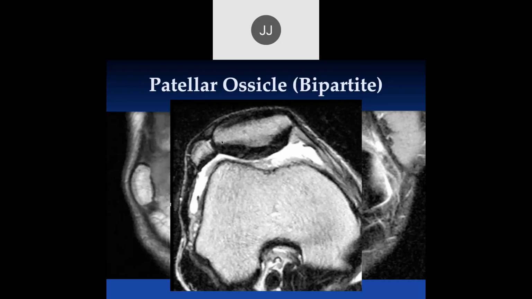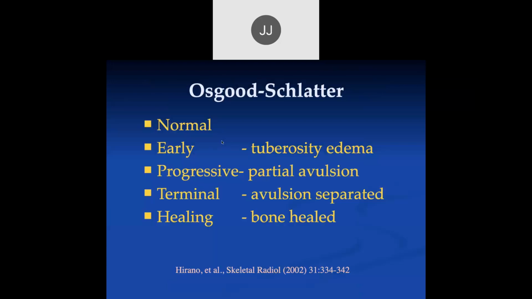The results are pretty good if you excise it properly. It's a shelling procedure. You shell it out and reattach the tendon to the patella. Most of these in my experience are kind of left alone, but if they're symptomatic, then you need to do something. That is exactly right.